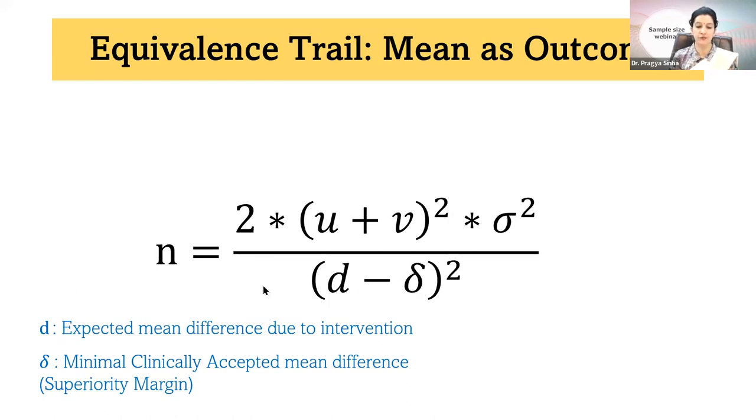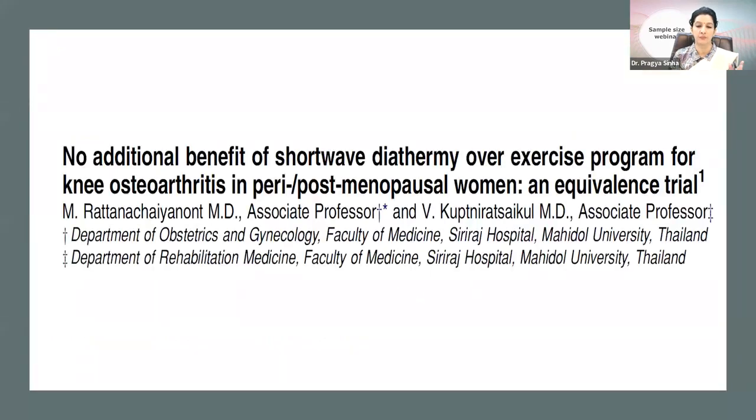And this d difference, we have discussed this, when you make this d 0, usually people make this d 0 for the calculation of sample size. And that's what we are doing for both the mean as well as the proportion. So this is one equivalence trial, no additional benefit of short wave diathermy over exercise program for knee osteoarthritis in peri or post-menopausal women, an equivalence trial.